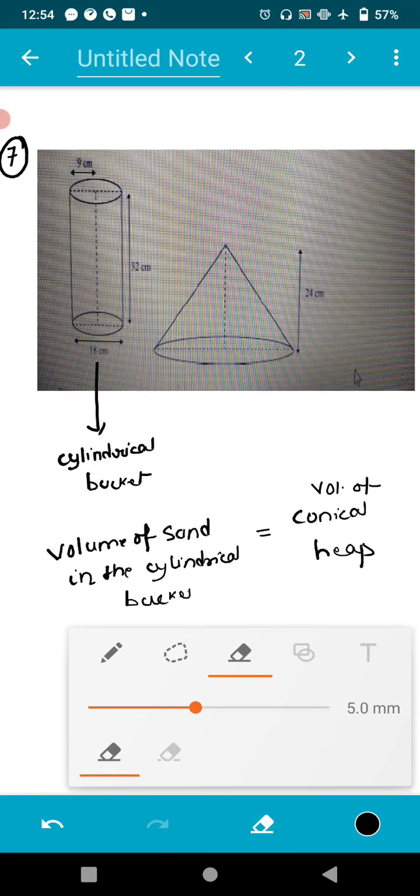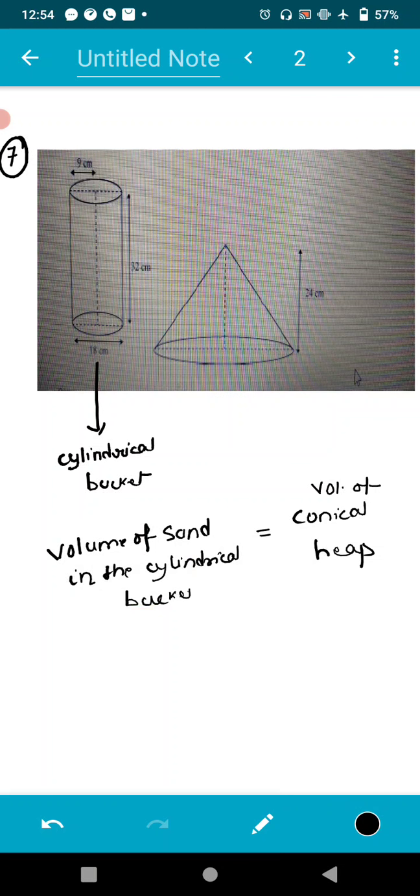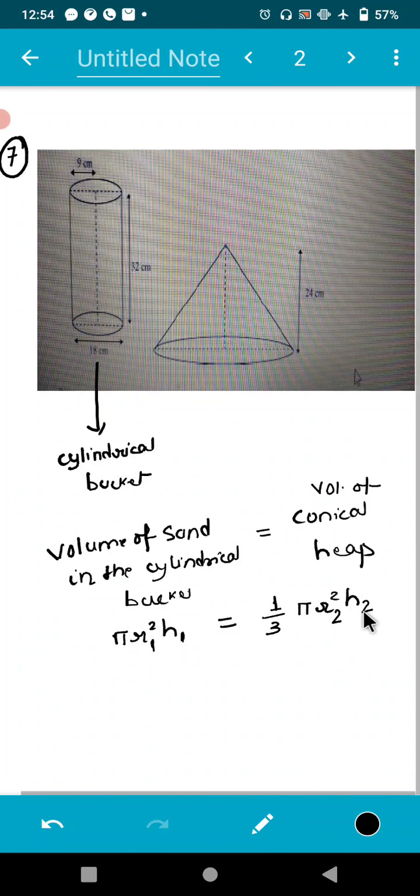So the volume of sand in the cylindrical bucket would be equal to pi r square h, and the volume of a conical heap would be 1 by 3 pi r square h. Now we'll consider the radius of the cylindrical bucket as r1 and the height of the cylinder as h1, and for the conical heap the radius as r2 and the height as h2.